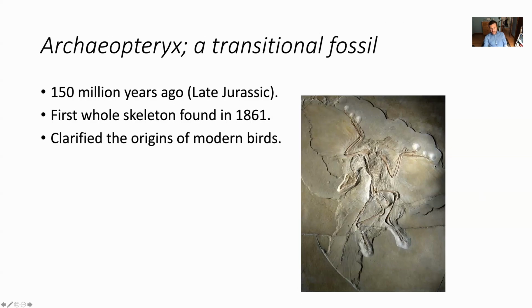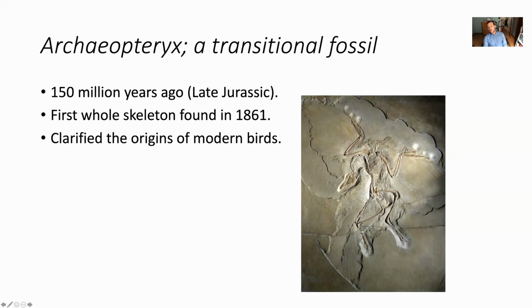So yeah, this is a transitional fossil, a precursor to powered flight, but these organisms were much different. They do carry many characteristics, but you can see this transition from more lizard-like biology to a more avian-like biology. So this Archaeopteryx clarified the origins of modern birds, and it's just amazingly preserved.